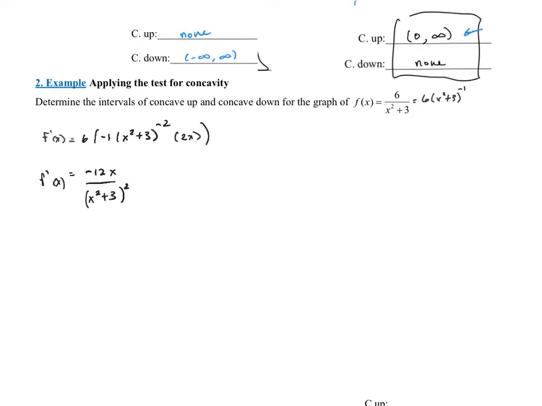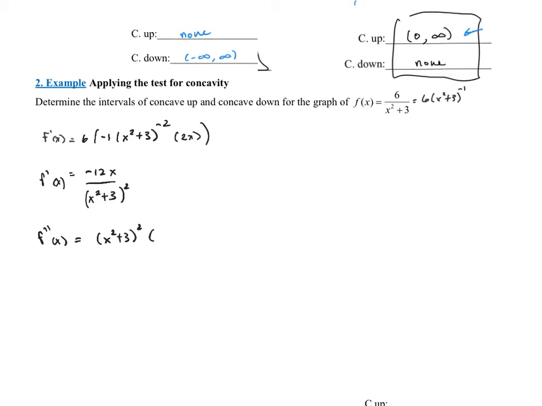To analyze concavity, I need to find the second derivative of the function. So let's look at the second derivative of this function. To find the second derivative, I'm going to use the quotient rule. The quotient rule states that I should do the bottom, which is x squared plus 3 squared, times the derivative of the top.